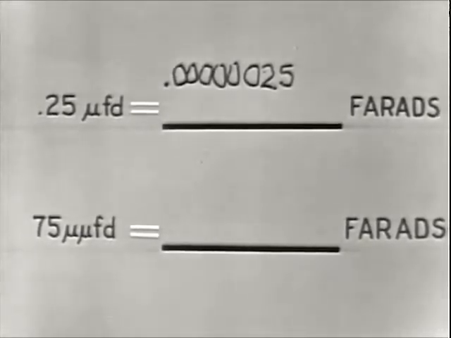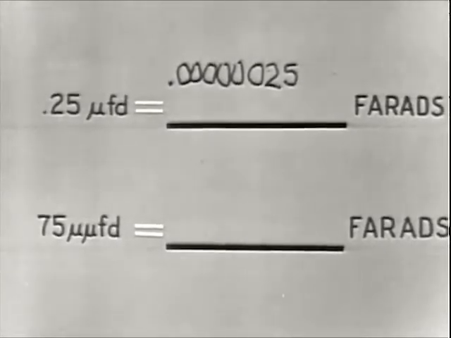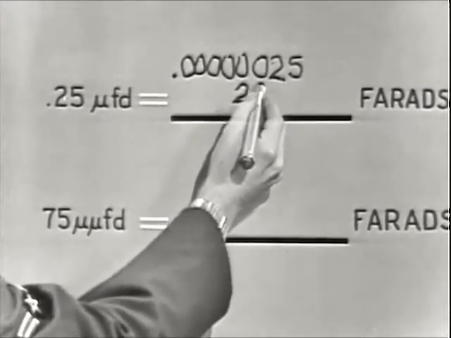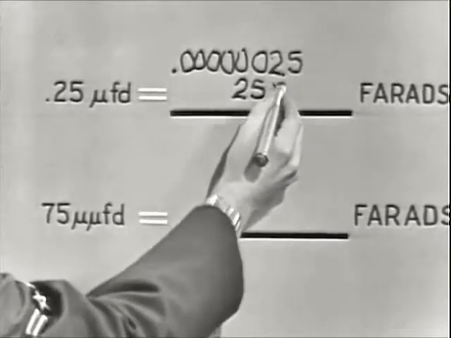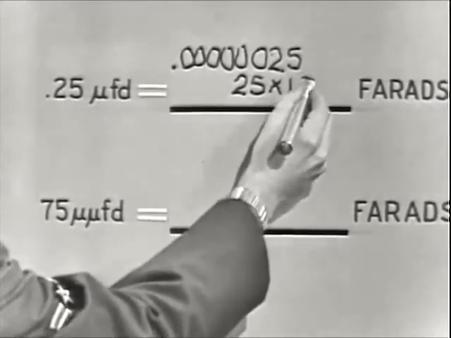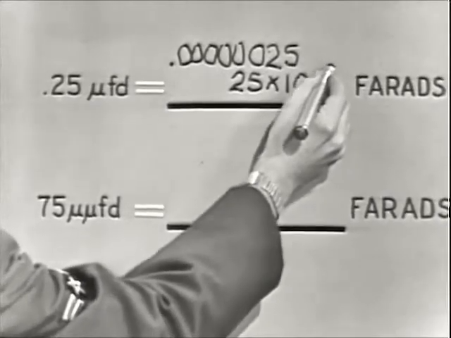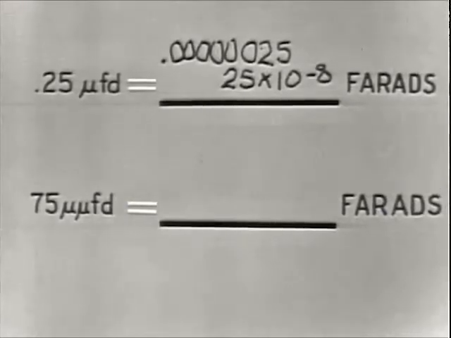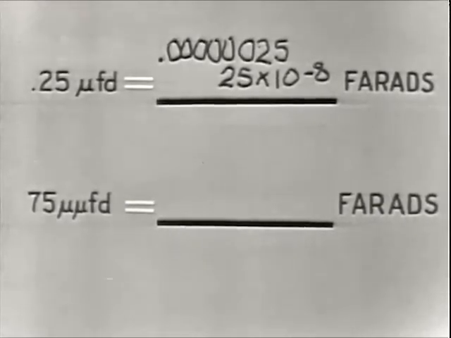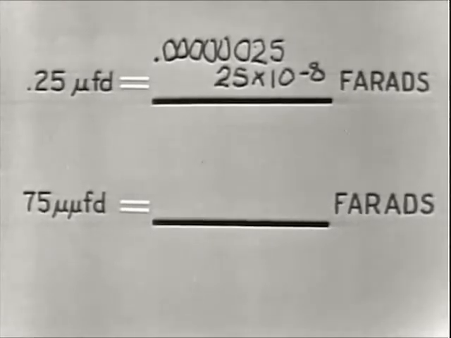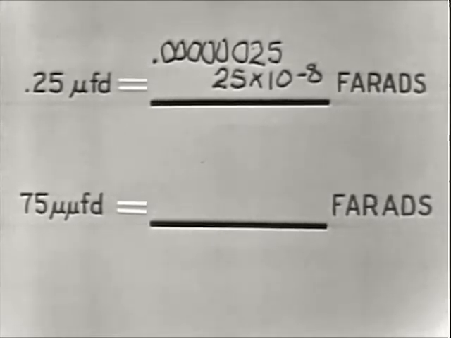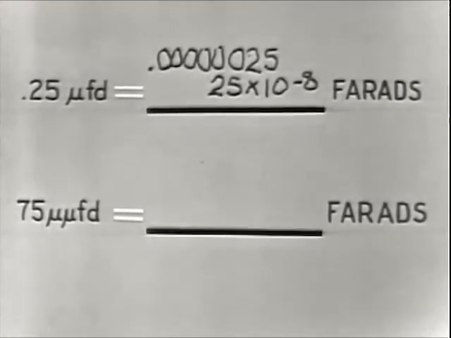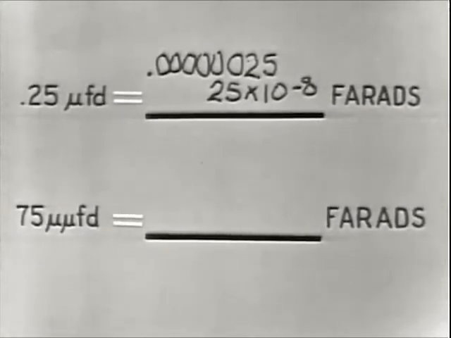But you also know how to use the powers of 10, and that's the simplest way to write this number. All you need to do is count the number of places to the right of the decimal point and write the value as I did, using the number of places as the minus power of 10. Now, in this one, we must move the decimal point 12 places to the left because it's in micro-microfarads.